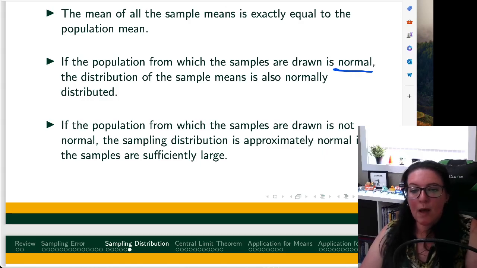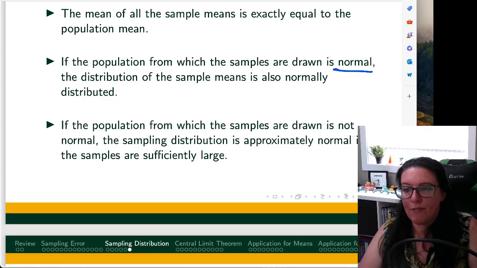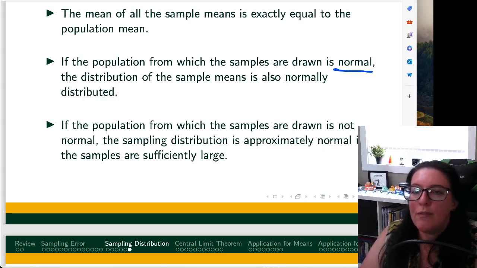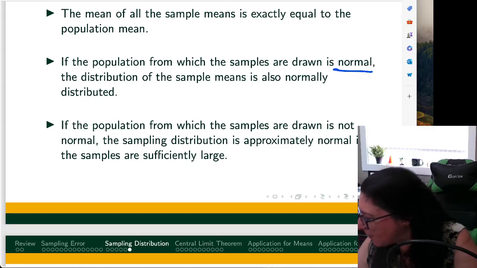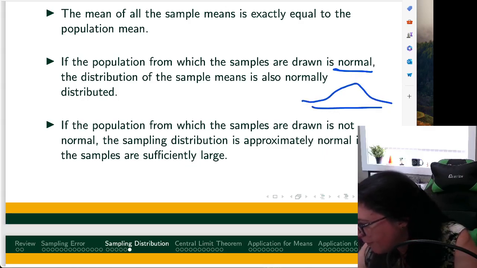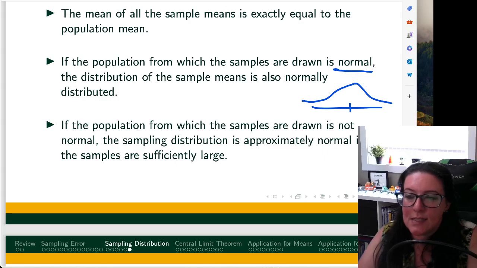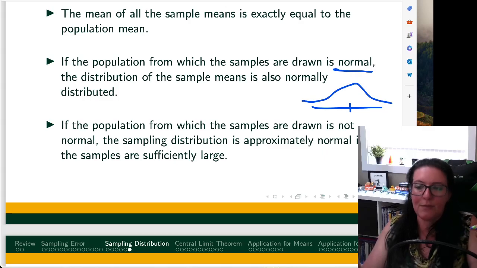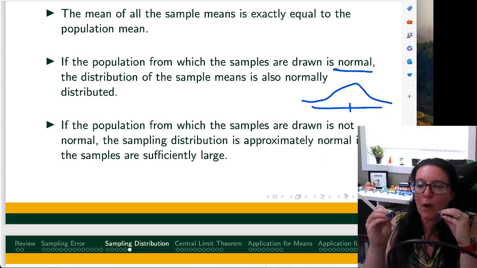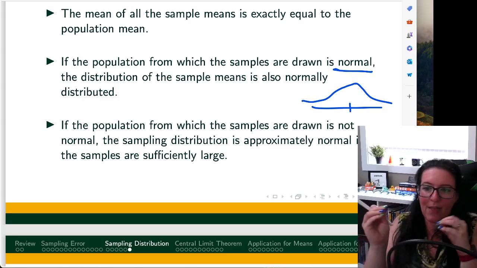So we talked about in our previous videos in terms of x, our variable, if our variable, let's say age, is continuous and normally distributed, remember, there is this centrality to it, the typical age, and then we have symmetry where we have an equal number above and below that.